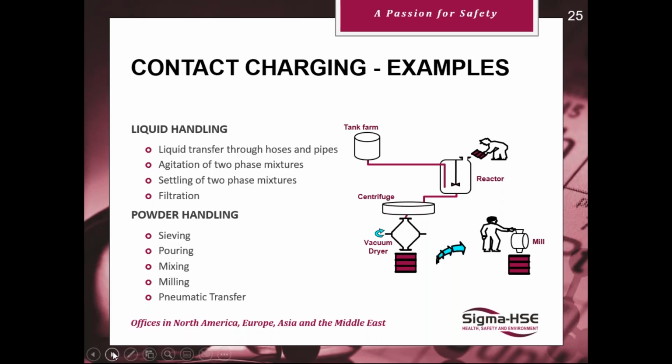In the powder handling, you've got sieving, pouring, mixing again, milling at the end, and pneumatic transfer. All these are areas where you have high agitation and high movement of materials.